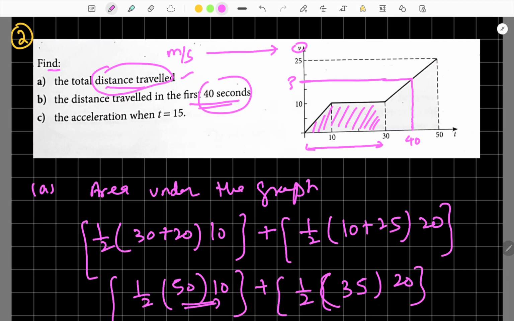What about the distance for the next 10 seconds? ये मुझे बताओ कैसे calculate करेंगे? Because you don't have the value of y corresponding to 40 seconds. You don't have speed corresponding to 40 seconds. So ये value हम कैसे calculate करेंगे? ये मुझे बताओ.